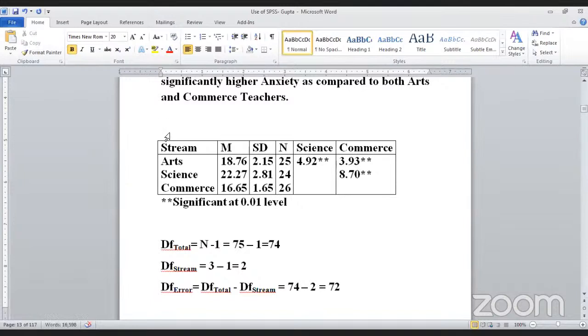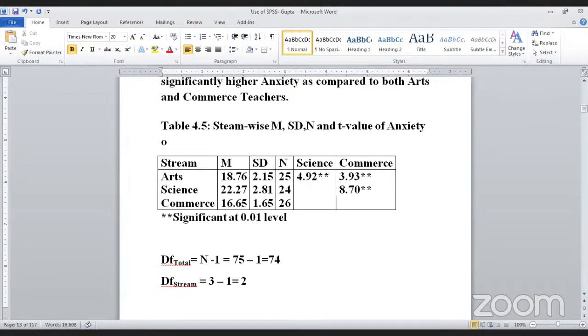And then here I say Table 4.5. Stream-wise mean, SD, N, and t values of anxiety of teachers.